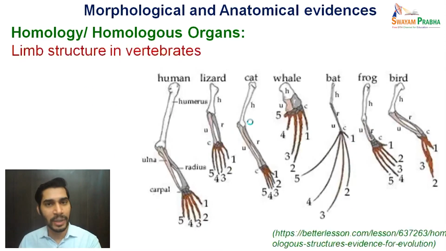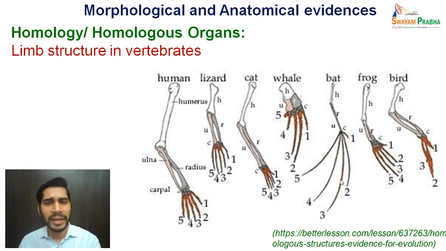Let us try to understand it with the example. And the example here shown is of limb structure, particularly the four-limb structure of different vertebrates, as you can see here, ranging from human to lizard, cat, whale, bat, frog and bird. The basic structure, if you see, they all have a humerus here, and then they do have radius and ulna here, followed by the carpals.